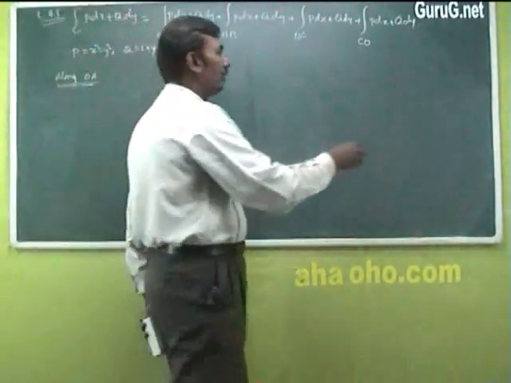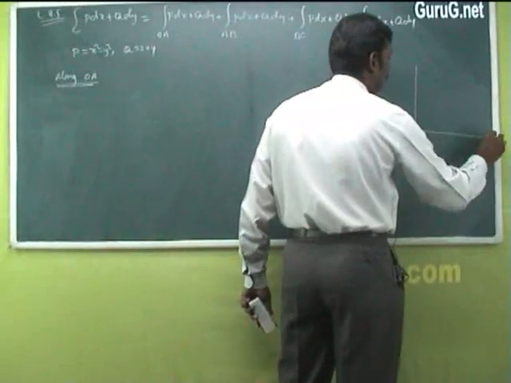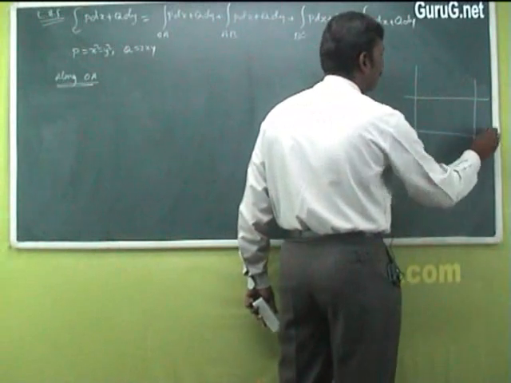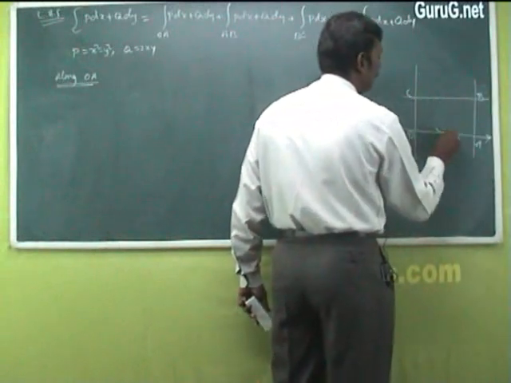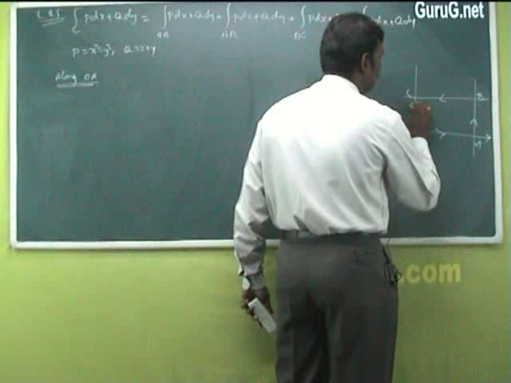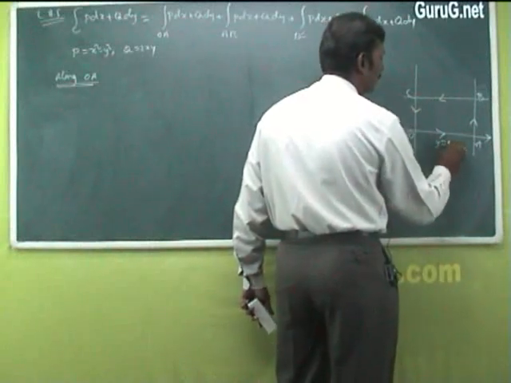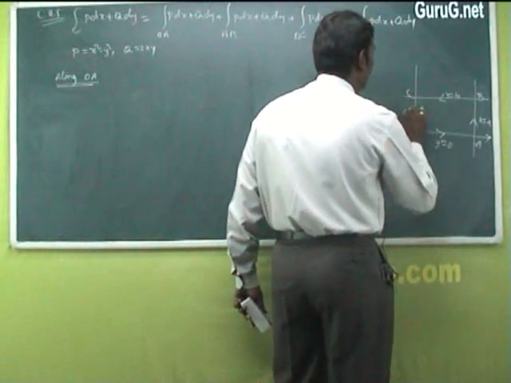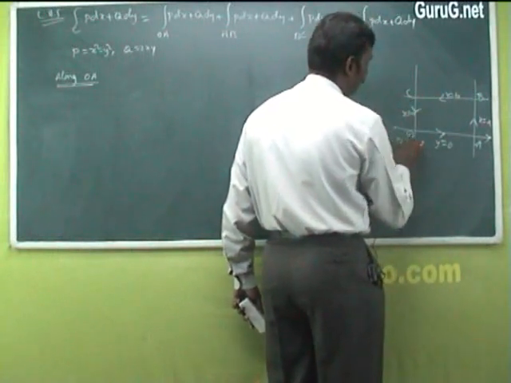What is OA? This OAB, this C is in the anti-clockwise direction. This one is y equal to 0, this one is x equal to a, y equal to b, and this is x equal to 0.